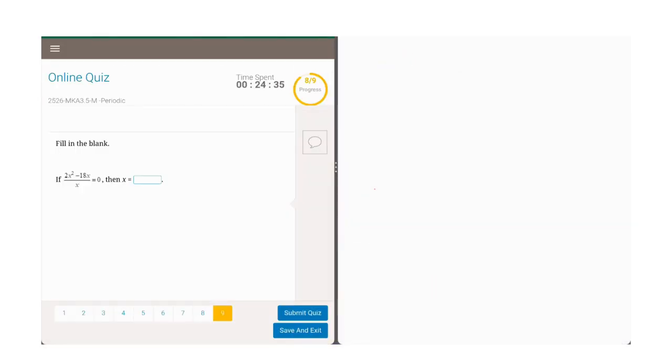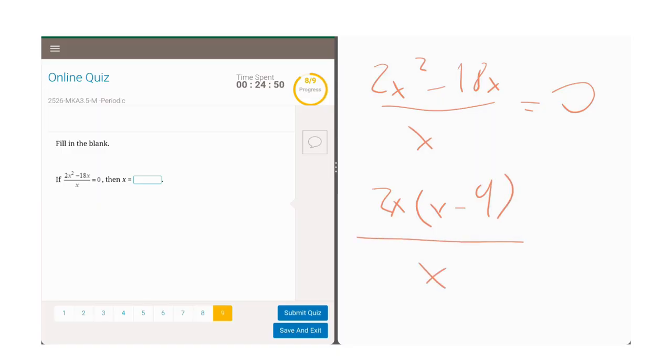Now for this one, we have 2x squared minus 18x over x equals 0. So we factor the numerator, we take 2x out, we keep x minus 9 all over x. So we take 2x equals 0, divide both sides by 2, so x would be equal to 0.